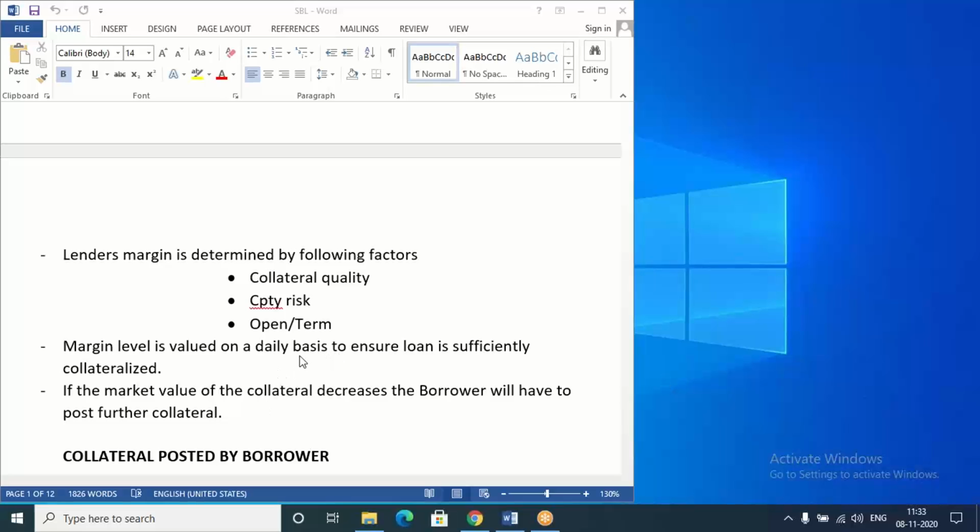That's what we were discussing here, Anupam. I think your question was, what if the value of the collateral goes up? Yes, goes up. If the value of the collateral goes up, then the lender would have to give that additional collateral back to the borrower.